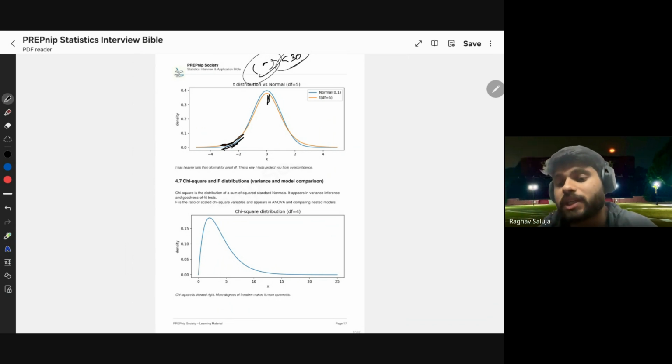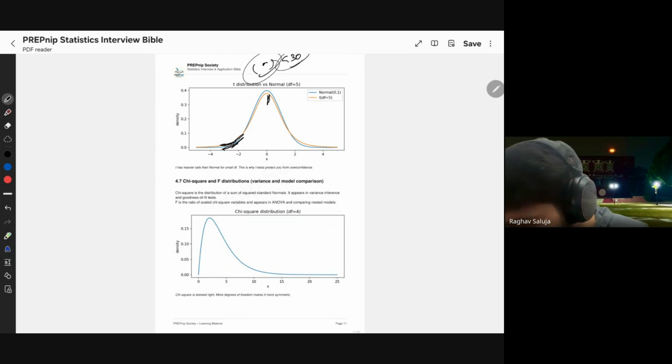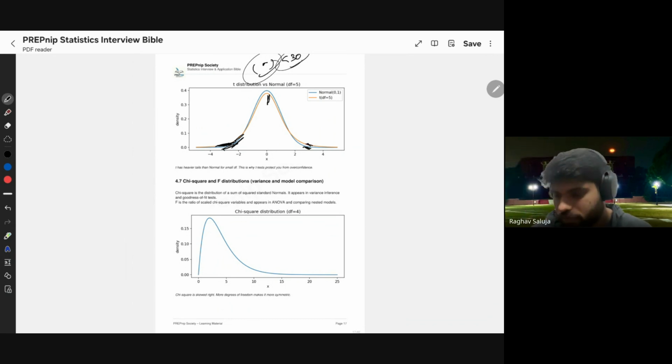That represents extra uncertainty. Why extra uncertainty? Because you need to make sure that you are not overconfident when you have little data. So in your t distribution, you can see that in the tails it is higher than your blue line. Blue is your normal.